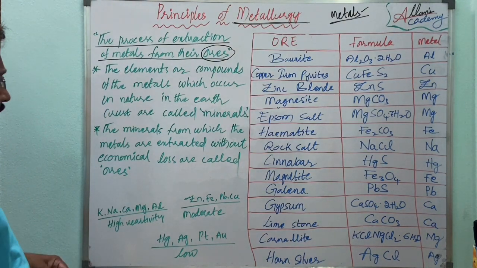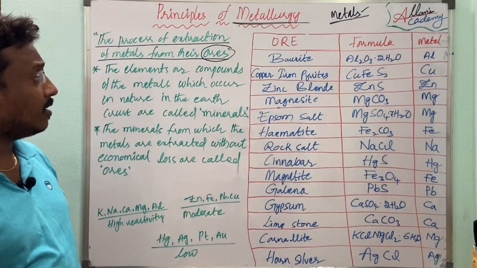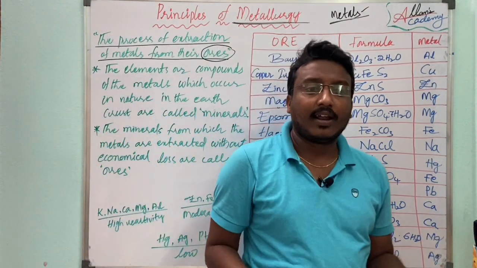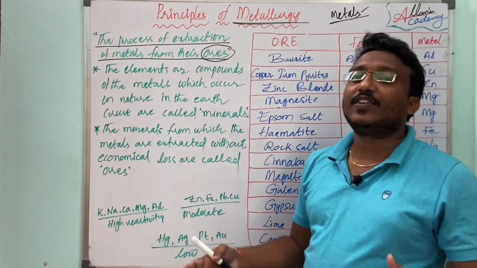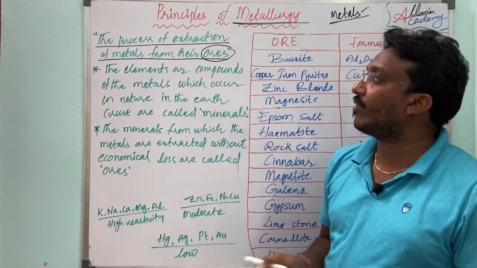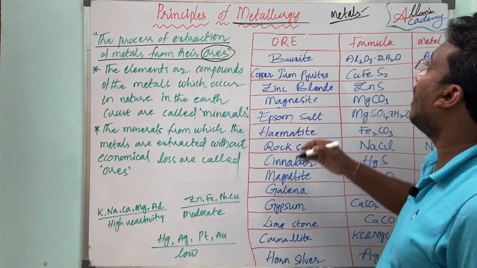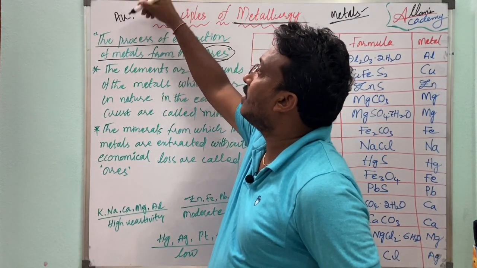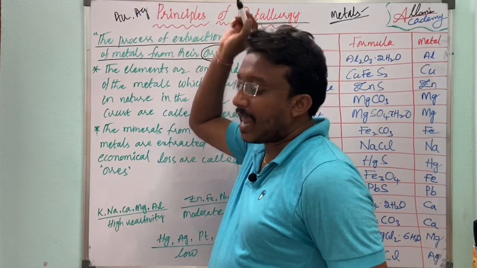Most of the elements will not be found in a free state. Some of the metals will be found in a free state, such as gold, silver or platinum.